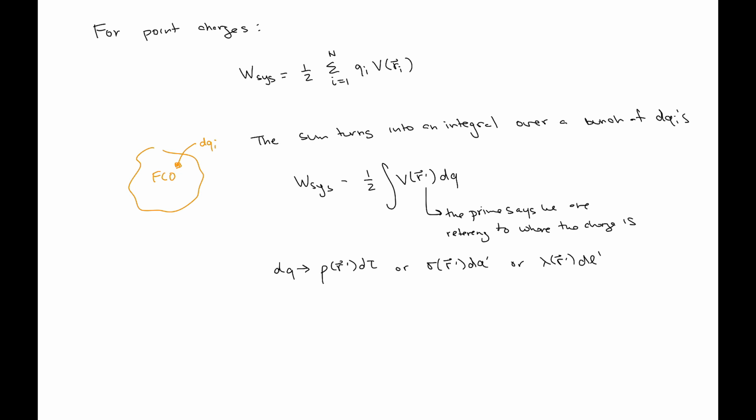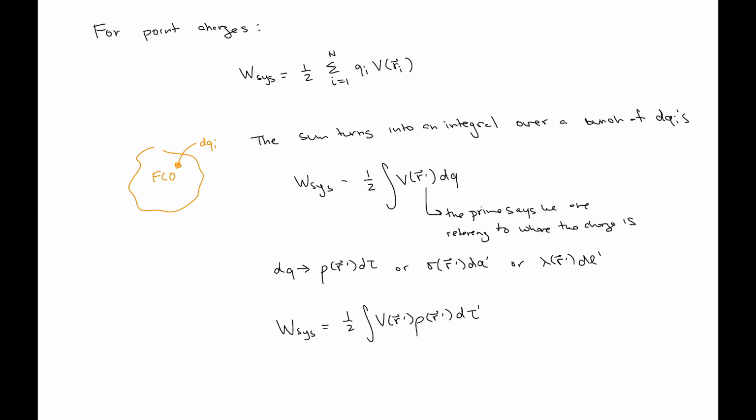So the most general form is going to use that volume charge. That gives us an equation to calculate the work of the system that looks like the integral of our potential evaluated at a particular point times that charge distribution, which could also depend on r, times our volume. And we're going to do that volume integral over the whole funky charged object.